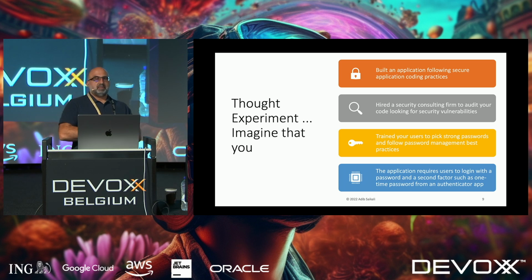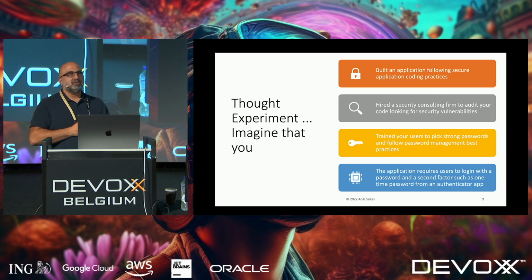So let's play a thought experiment. Let's say you've built an application that follows all the secure application coding practices. You hired a consulting firm that audited your source code, looking for security vulnerabilities, and they said, great, your code is as secure as we can tell. You also trained your users not to write passwords on sticky notes and put them under the keyboard, so your users are well trained on picking great passwords.